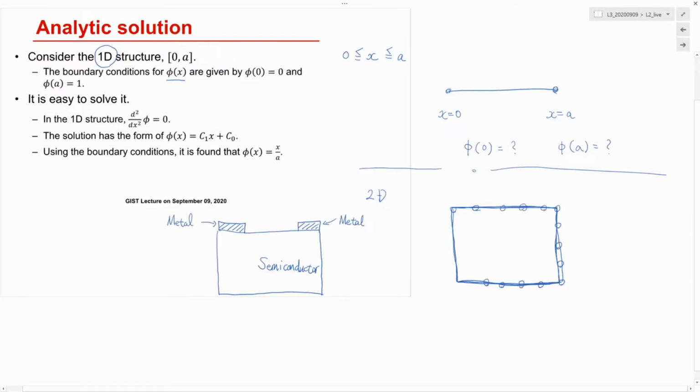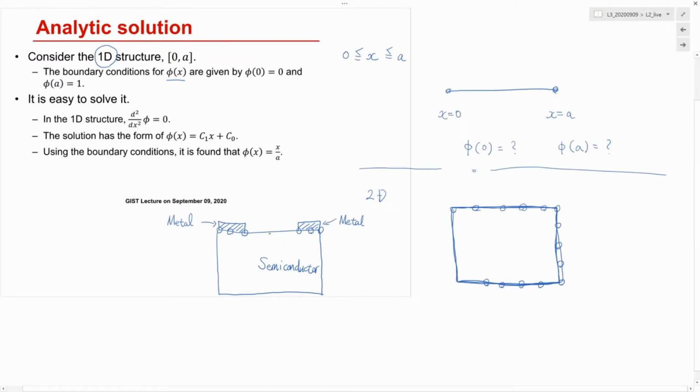Therefore, if we are working on the semiconductor region only, then certainly we can say this part and this part have certain properties related with metal. Also here, the property of our solution variable will be governed by this metal.